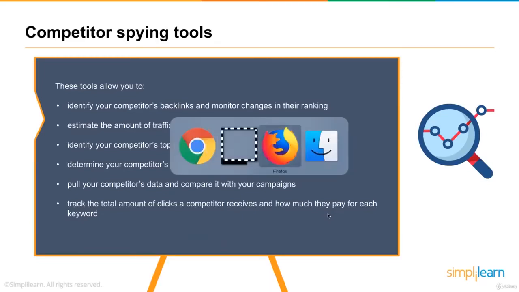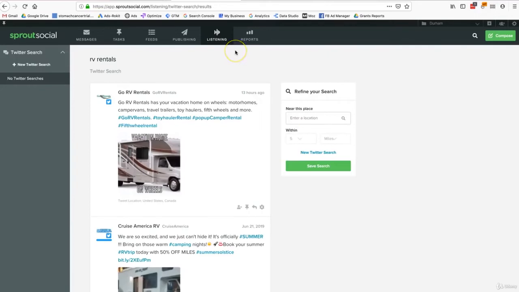We're going to start out with Sprout Social, a tool I use. It's a social media platform, and there's a lot of things you can do with it. You can definitely generate reports for your social media platforms, and you can set up posts that get published at a certain time and day. But there's also one particular tool in here called listening.